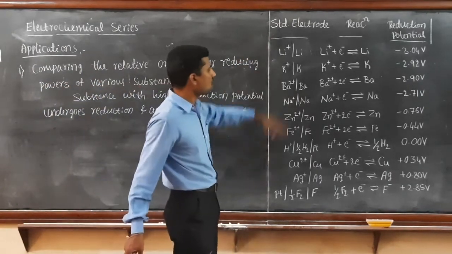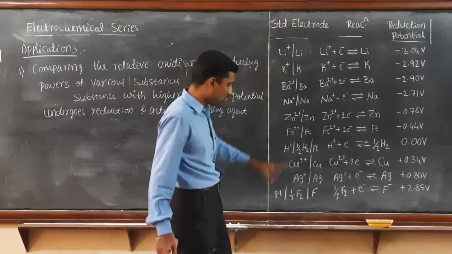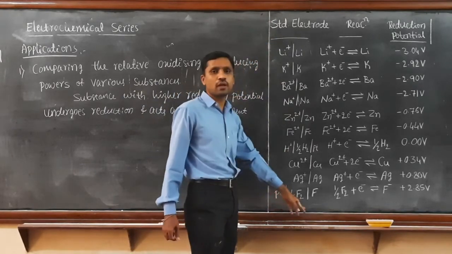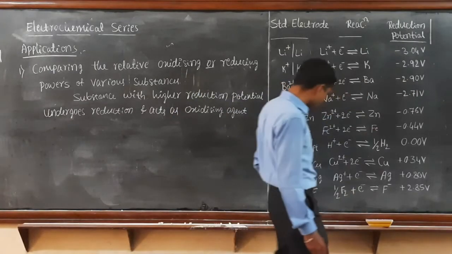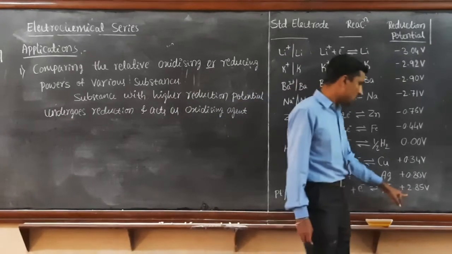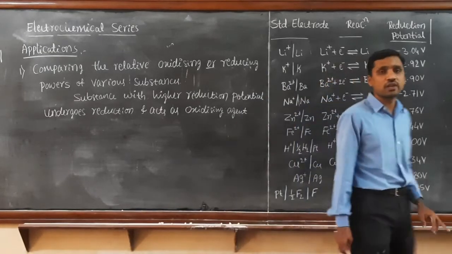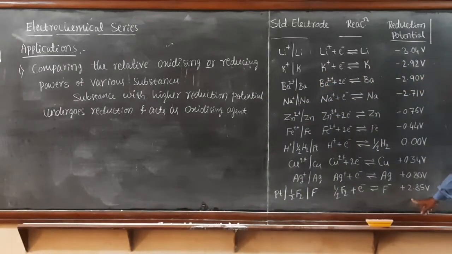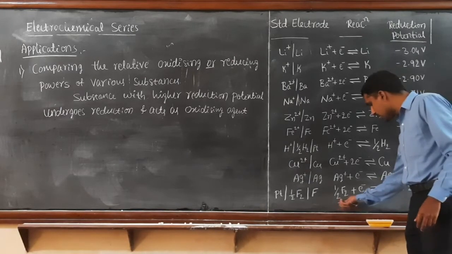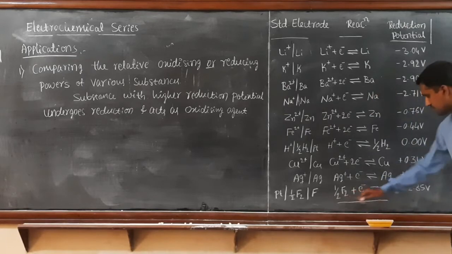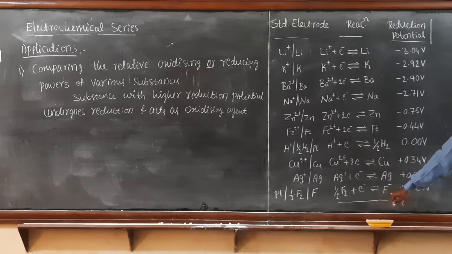So if you compare this electrochemical series from lithium to fluorine, here the standard reduction potential of fluorine is plus 2.85 volt. This is the highest reduction potential in the electrochemical series. So therefore it will tend to undergo reduction with the liberation of F minus ions in this case.